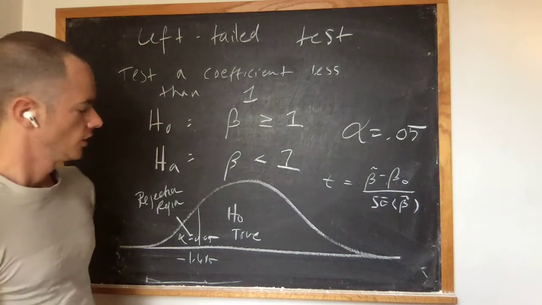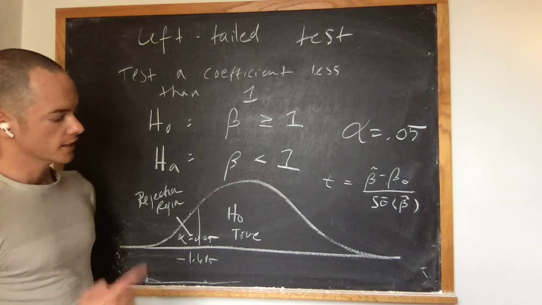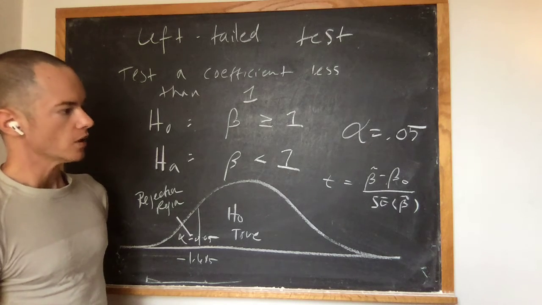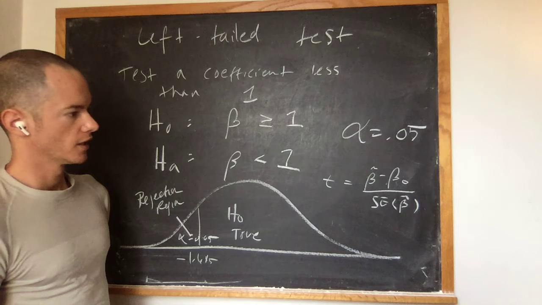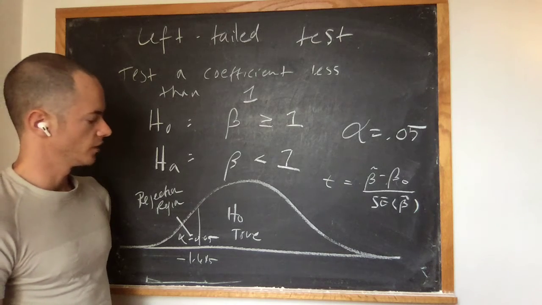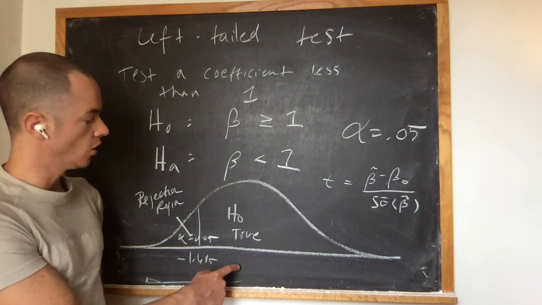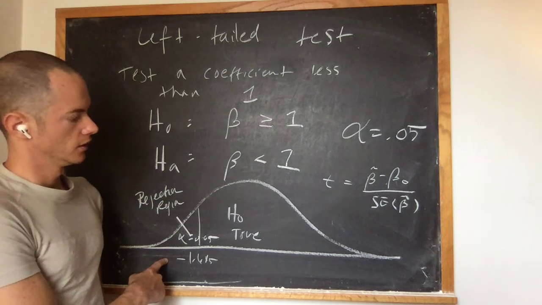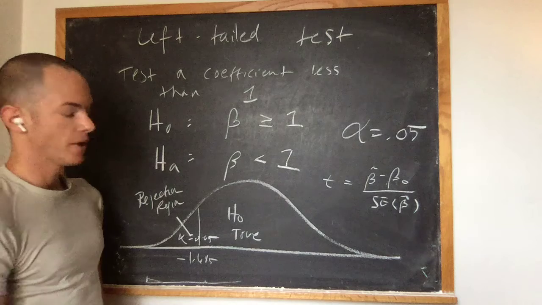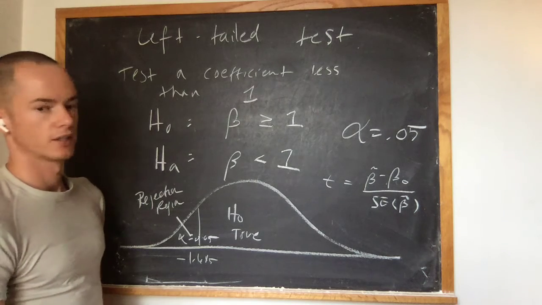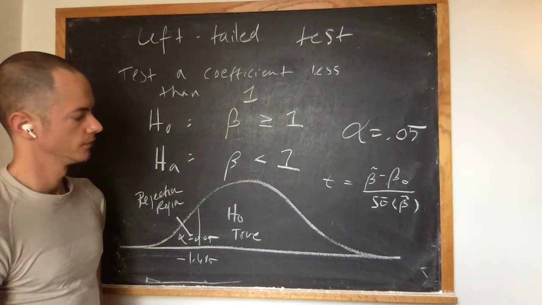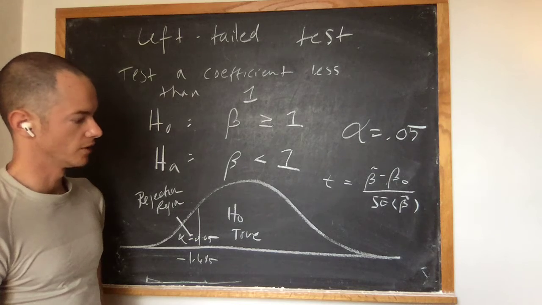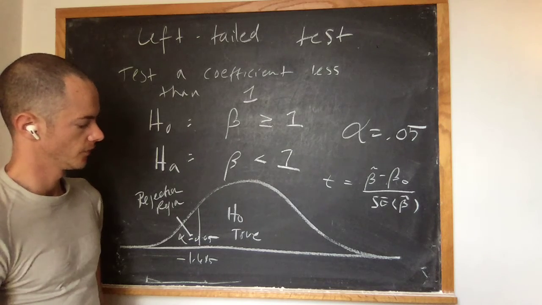So if this test statistic shows that the estimated value is so far below 1 that the null hypothesis can't be true, then we can reject it. And that's what we want to be able to show.